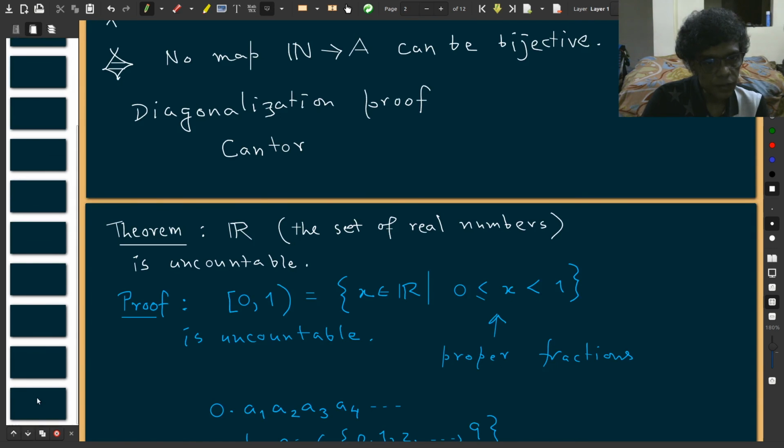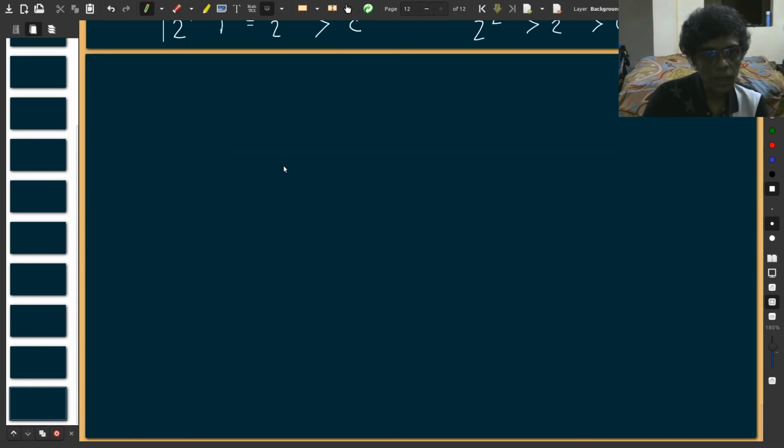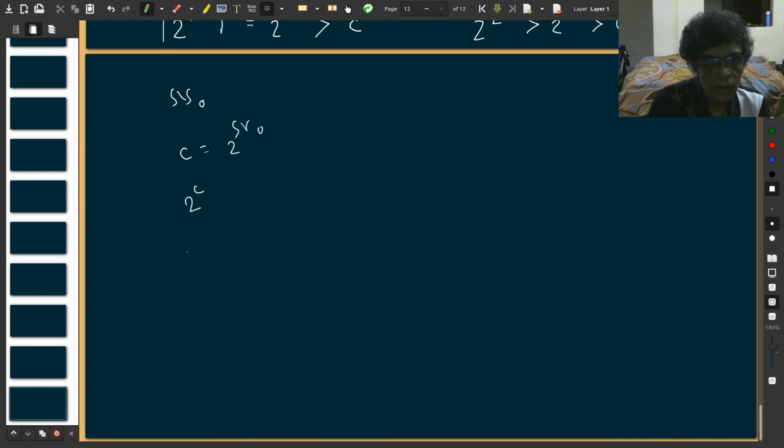sequence of infinities. Okay. So starting with Aleph naught, you have C equal to 2 power Aleph naught, 2 power C, 2 power 2 power C. So you see that these are all infinities, but essentially this indicates that there are infinitely many infinities.